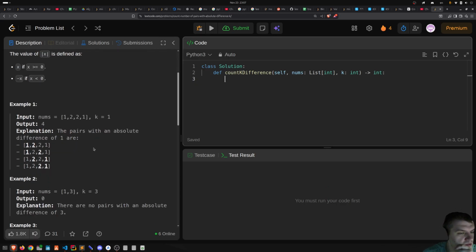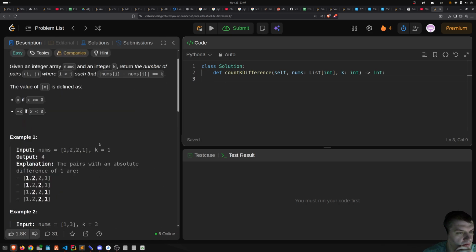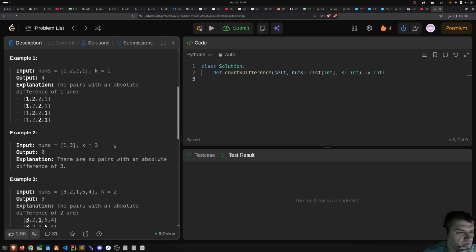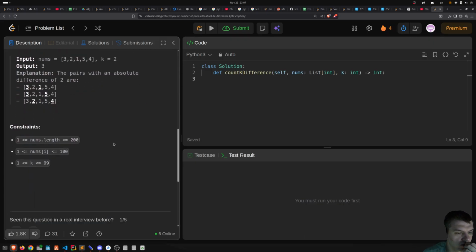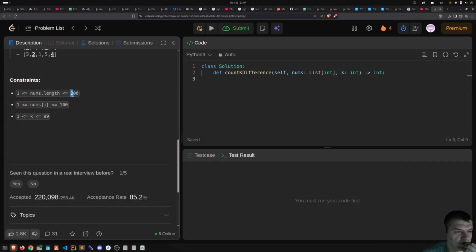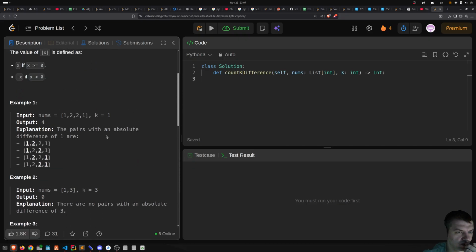So it's a little bit complicated compared to the previous one. Brute force solution will definitely work. So pairs, like 200 by 200, is going to be like 40,000.